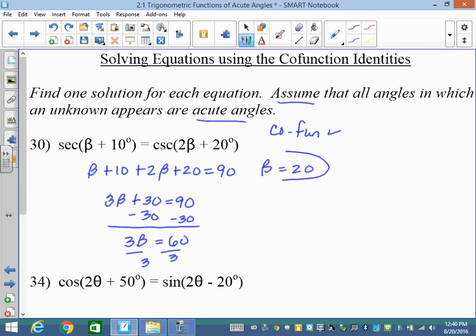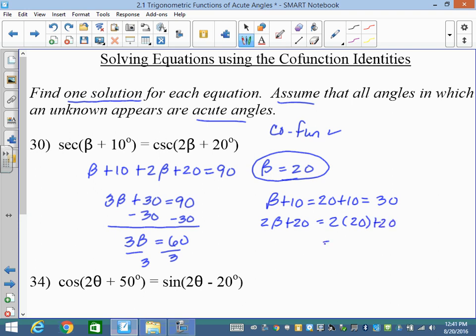Now this is not what they're looking for. They're asking for a solution, which means we need to know what these angles are. So beta plus 10 equals 20 plus 10, which is 30. The other one is 2 beta plus 20, which gives us 2 times 20 plus 20, which is 40 plus 20, equal to 60.